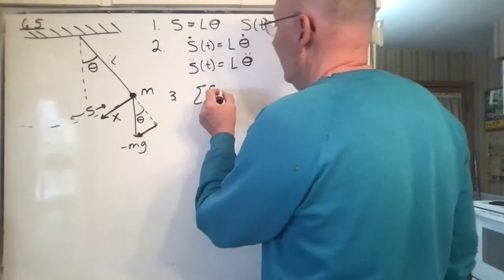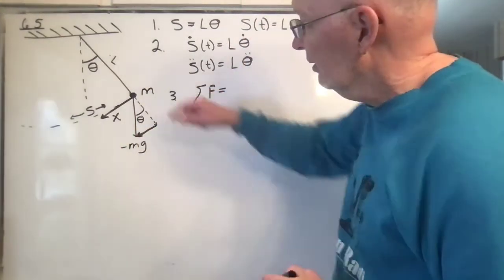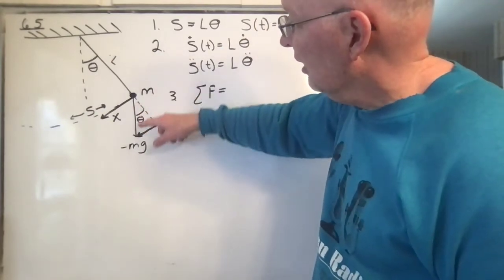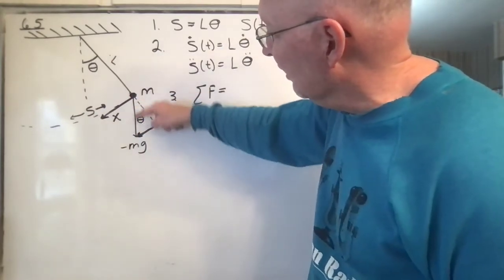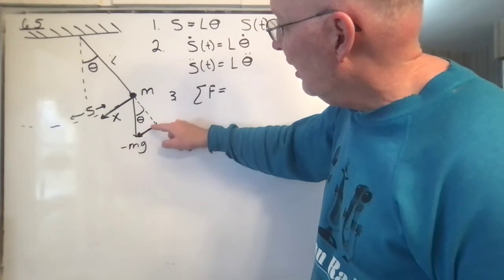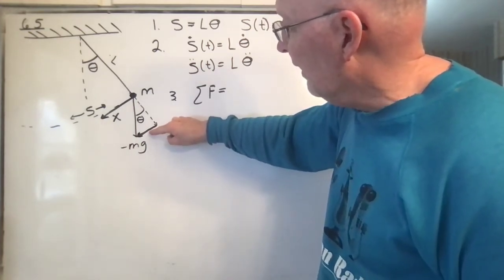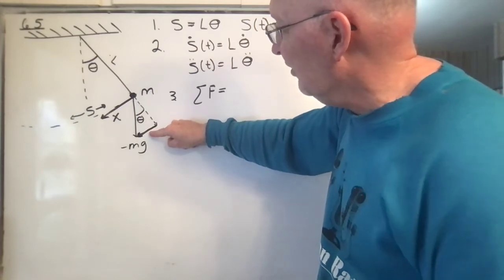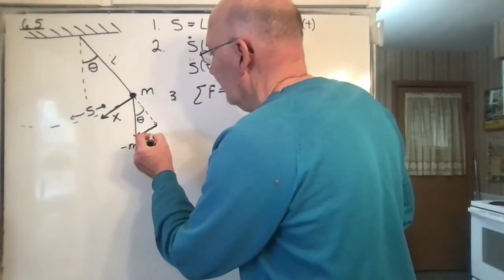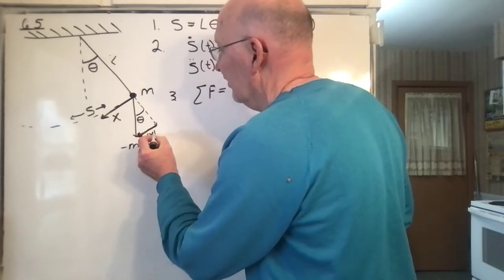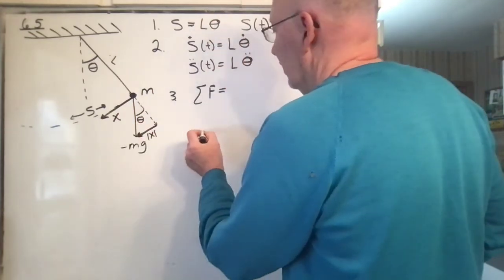So what is that? Well, familiar with angles, this length right here is negative mg, and we want this thing right there. Let's just call that the size of x.